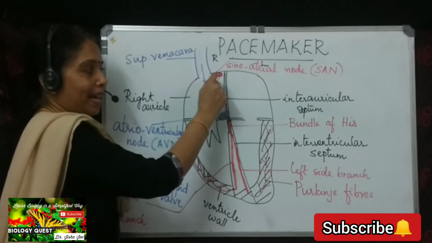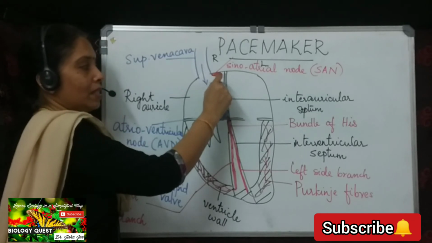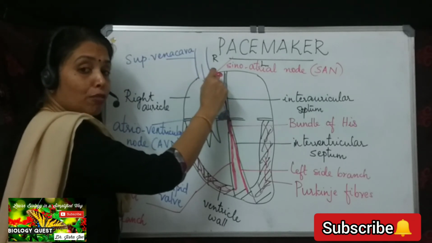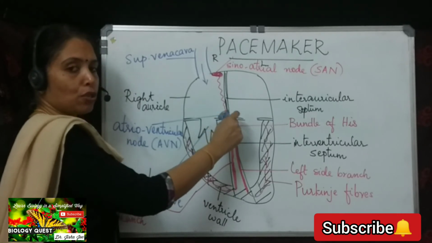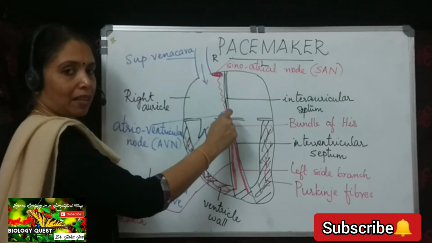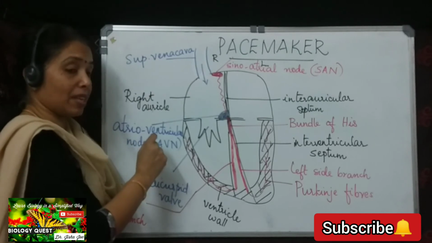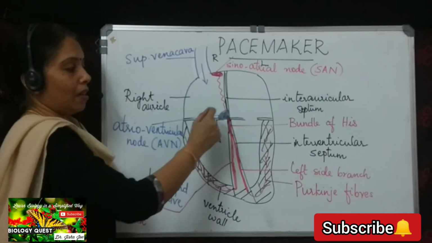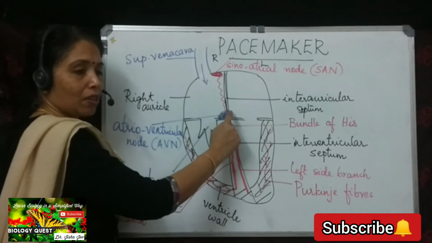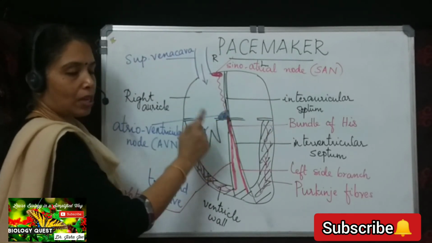Once the command arises, it is transmitted in the form of an impulse to the next region inside the heart, which is called the AVN or the atrioventricular node, located near the interauricular septum, close to the tricuspid valve.